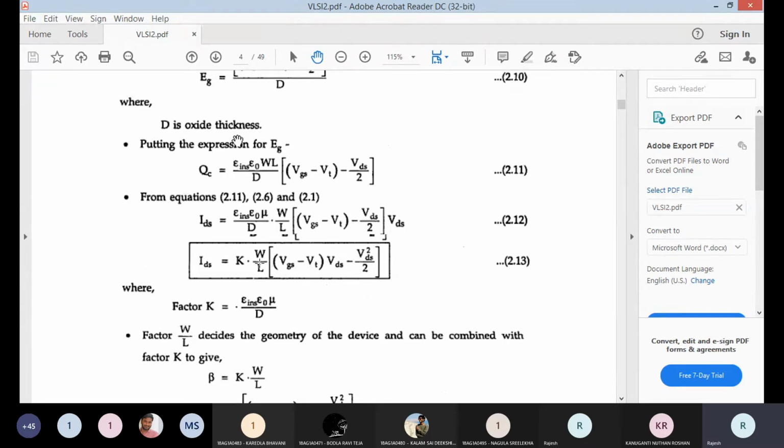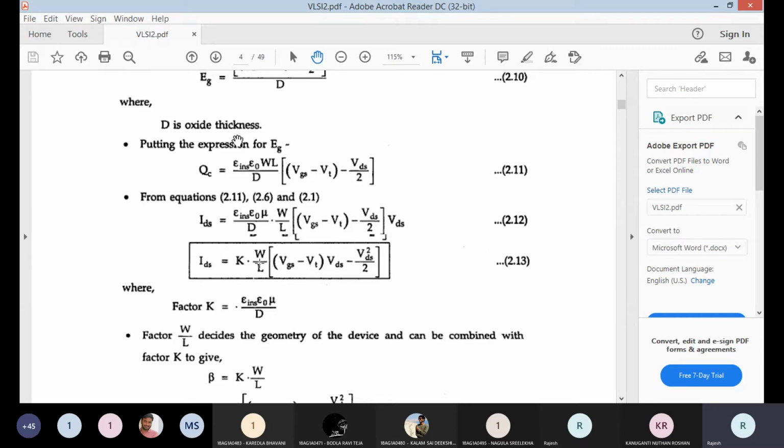So IDS is inversely proportional to L, directly proportional to width, directly proportional to effective gate voltage, which is nothing but VGS minus VTN. And also current is directly proportional to VDS. So we are telling that in linear region, as we increase VDS, corresponding current increases.